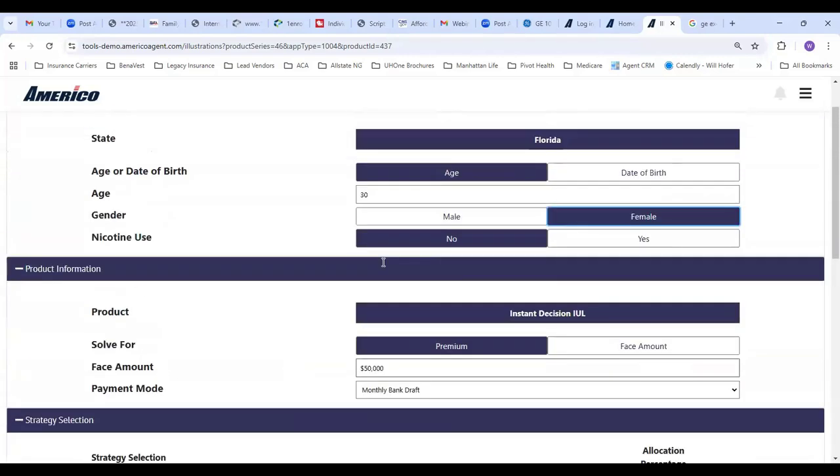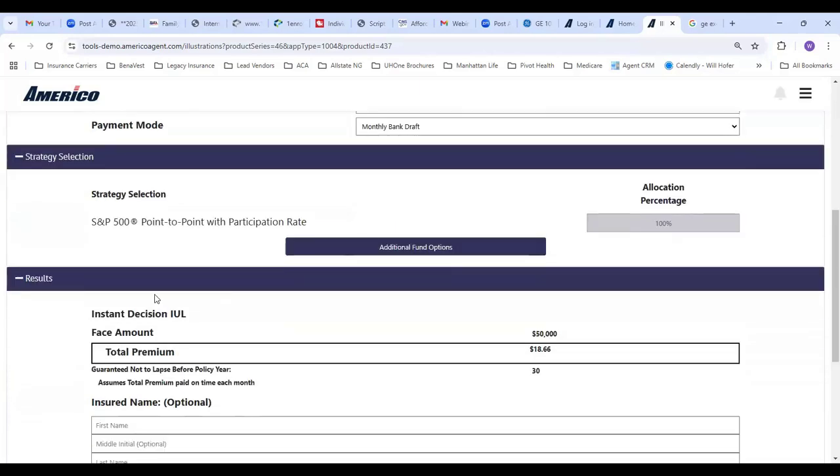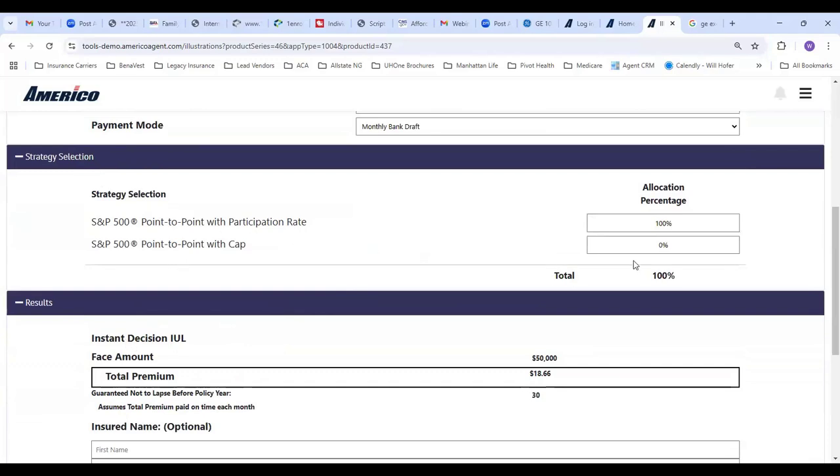Right. So here we're going based on a client who is 30 years old, $50,000 death benefit. Here's the strategy. There are other strategies here. You could do one with the cap, 100%. Personally, with this, I do the participation rate. Participation rate is 86%. This is good in the sense that we're not capping the client at a certain level.